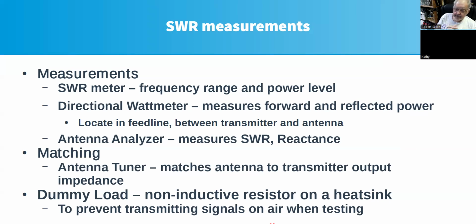And then with those two, you can calculate what the SWR is. So regardless of which one you're using, you need to put it between the transmitter and your feed line to the antenna.